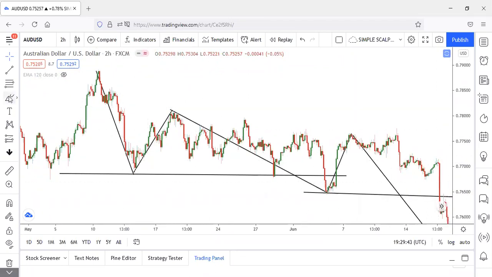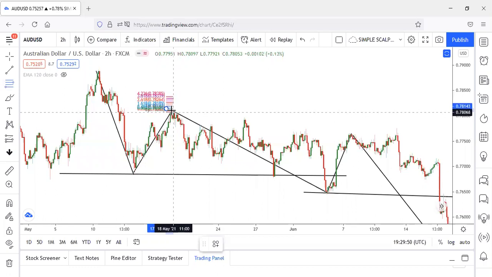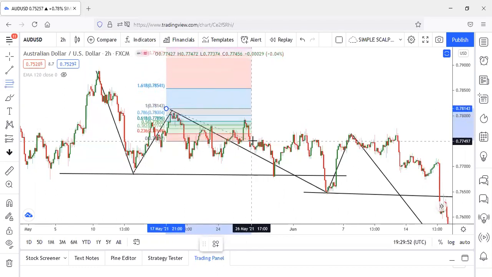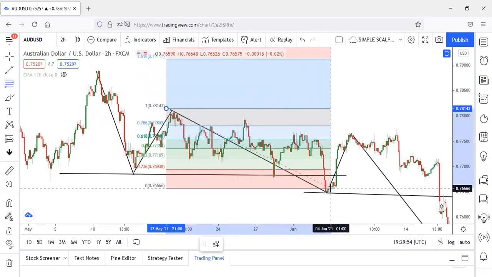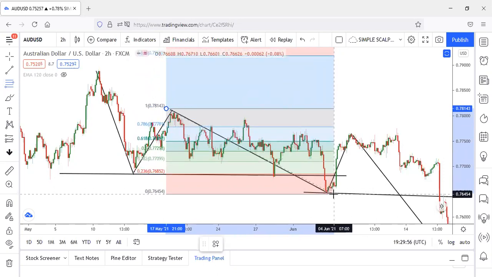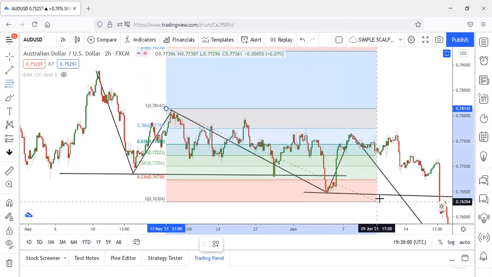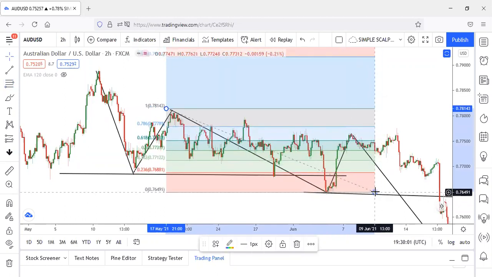I want to draw from the beginning of the move, which is this place, then down to where the trend ended. All right.